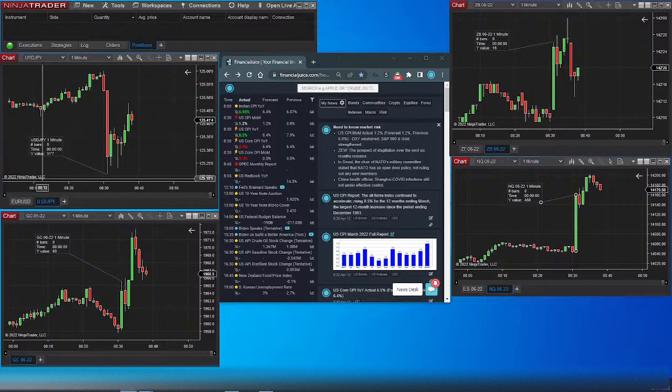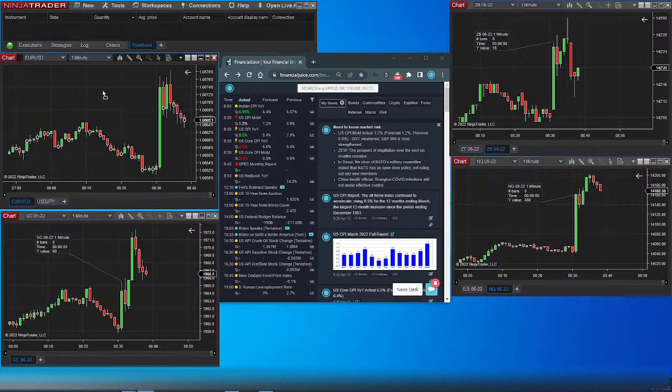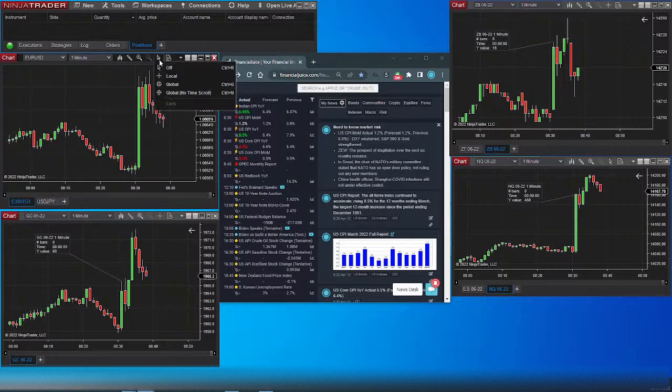And we'd also want to keep an eye on some of the other currencies too. So the euro dollar, which was our first one. 24 pips towards the upside.